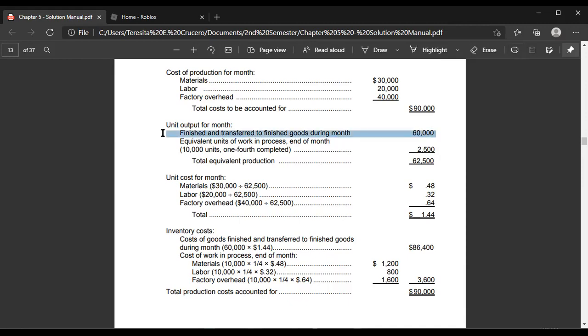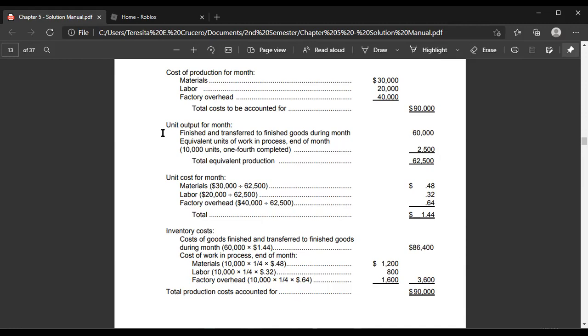There is no beginning inventory. Then we have 5-7. This is quite a long problem. 5-8 involving journal entries. Now take note that in 5-7 we have multiple departments, same with 5-6. Okay, so 5-7 and 5-8 we work on a longer problem.